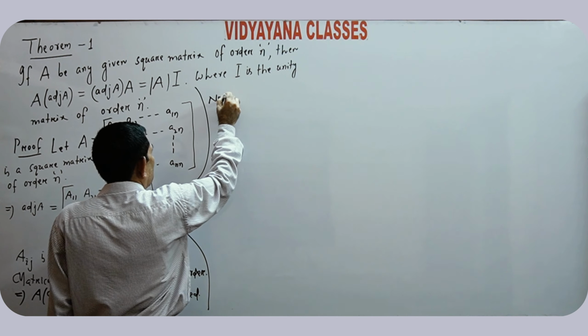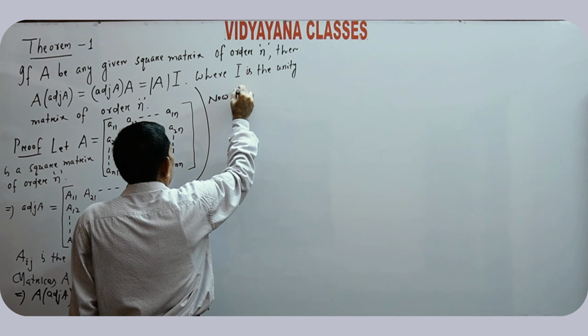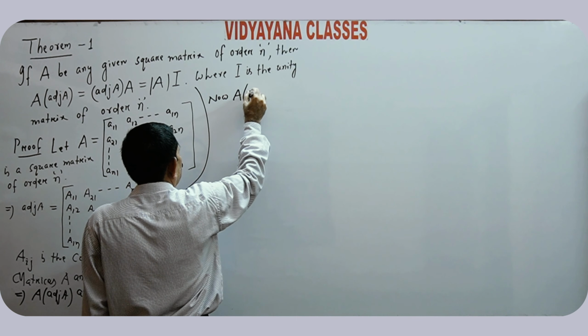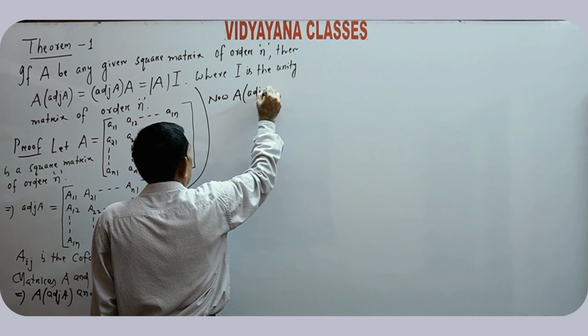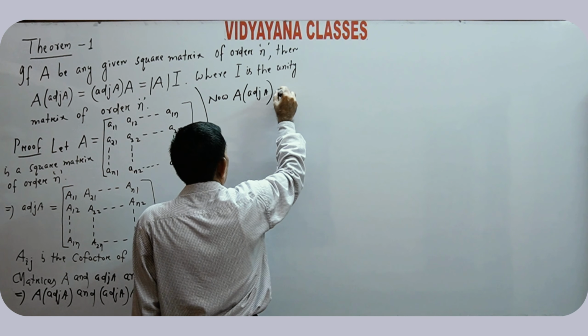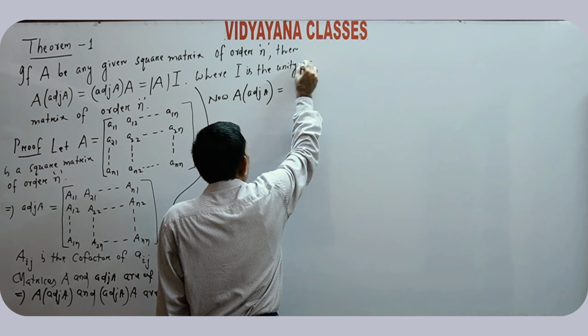Now A into adj A. A is a square matrix of order n.